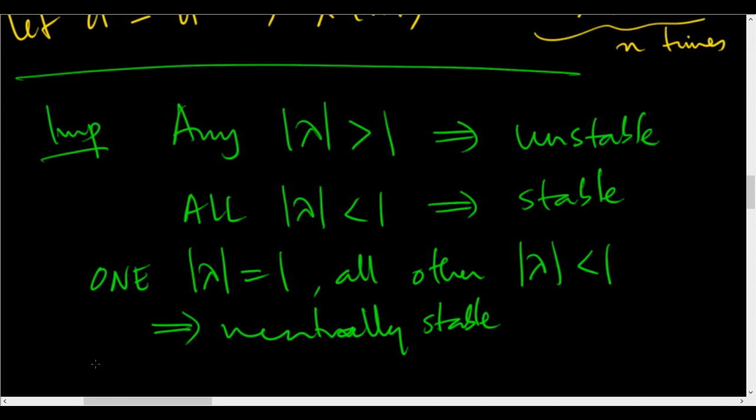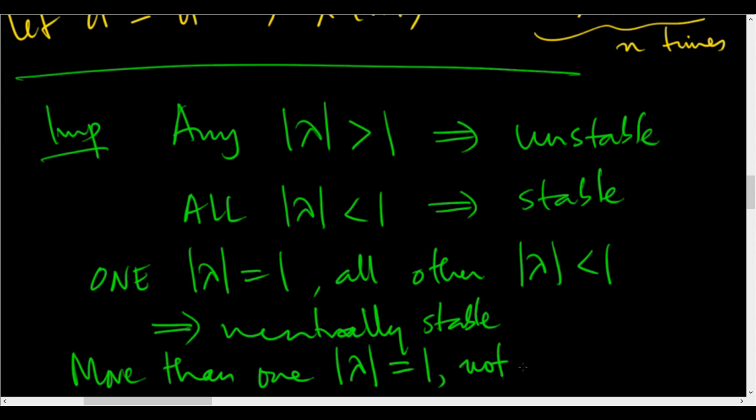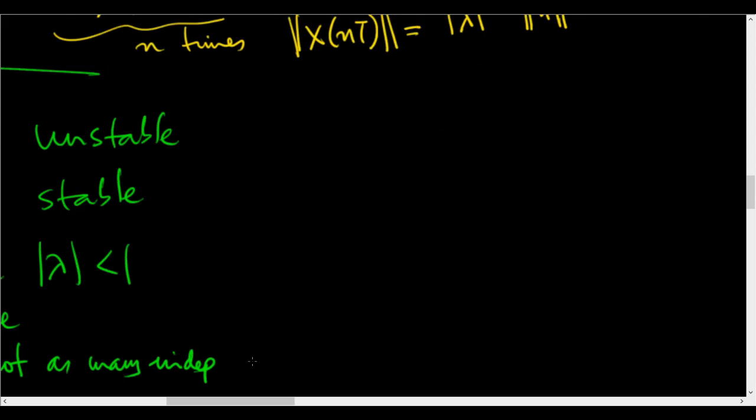Okay, more than one lambda equal to 1, not as many independent eigenvectors, that means unstable but weakly.